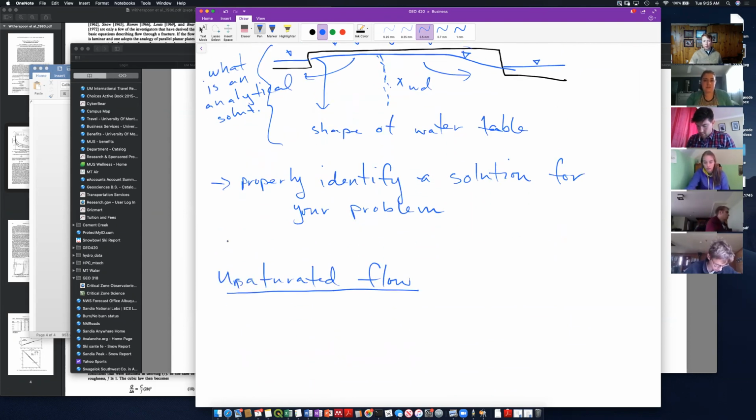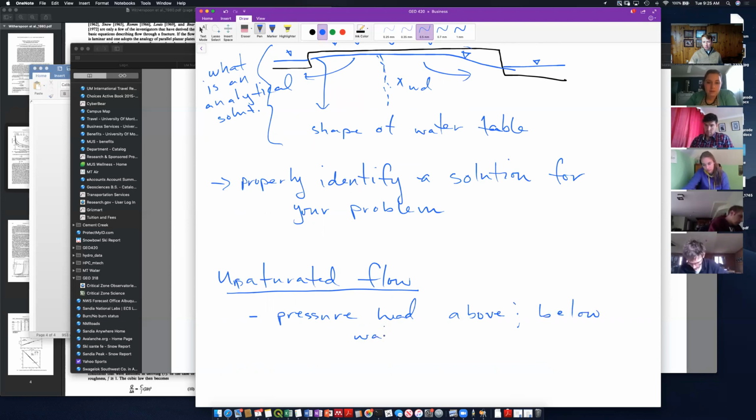I would definitely understand pressure head above and below the water table. Understand what characteristic curves are, and relative permeability.